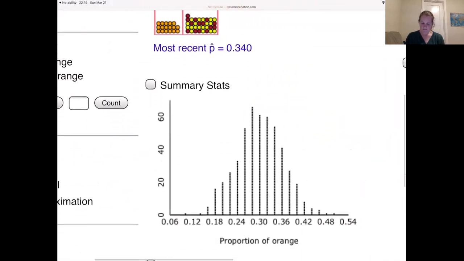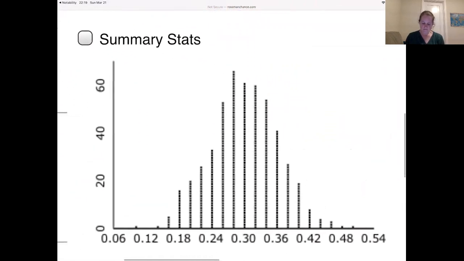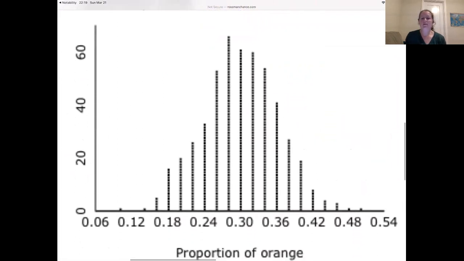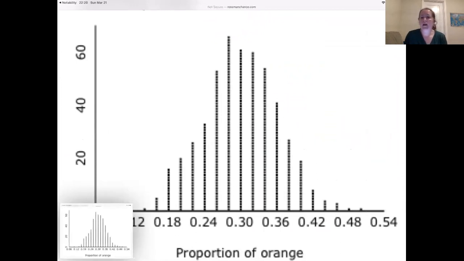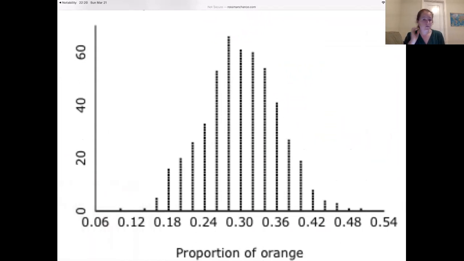So again, now we look to be centered more around 0.30, with most of our values falling between about 0.24 and 0.36 maybe. And we'll go ahead and take that picture. And now I'm going to add these into our notes and record the information we plugged in for each of these.